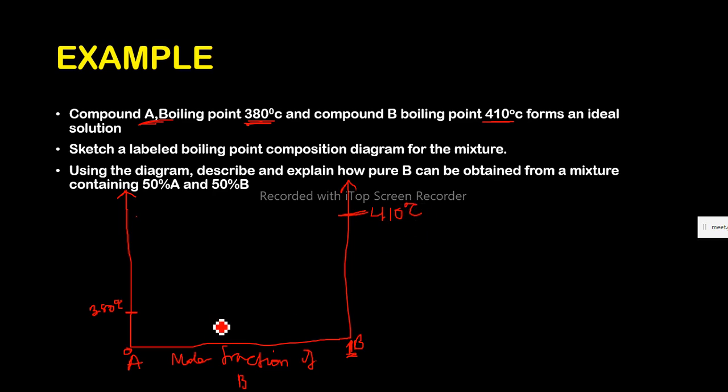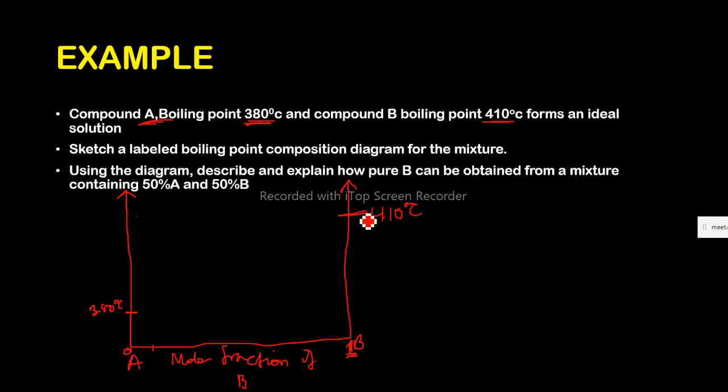Now, as the mole fraction changes, maybe you have pure A here, but if you change the composition of this mixture from pure A to something like 20% B and 80% A, then the boiling point is going to increase.